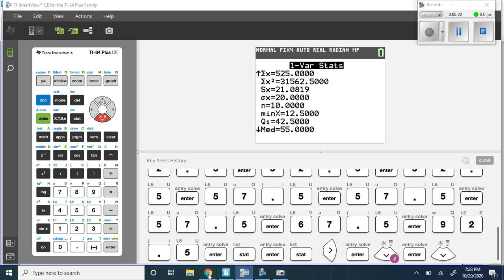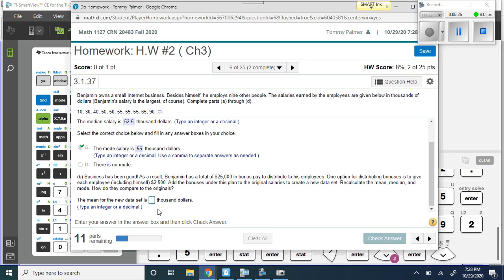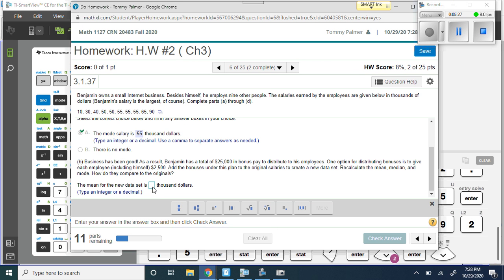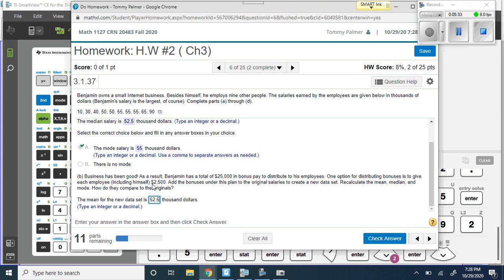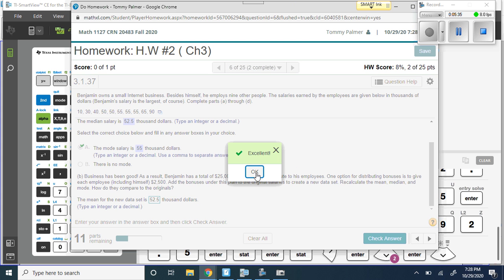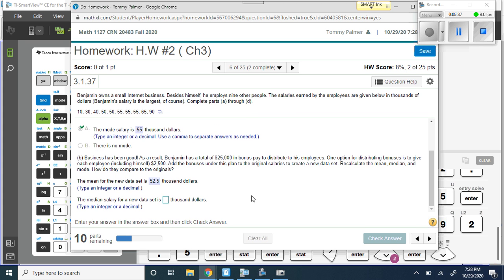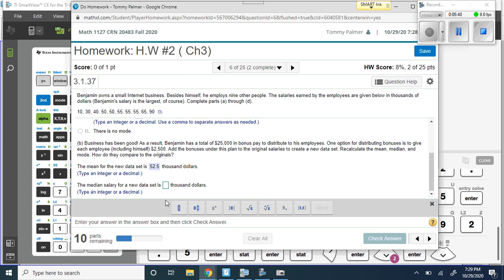So let's go back over here and put this in. The new mean would be 52.5. All right. The median would be 55. It was 52.5 previously. Right.